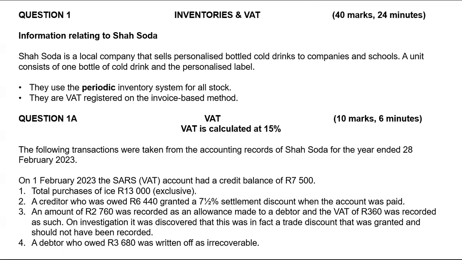Now it says on the 1st of February 2023, the SARS VAT account had a credit balance of 7,500. When we say SARS VAT has a credit balance, it means we are the ones that are owing SARS. And this takes you back to grade 9. Remember, liabilities increase on the credit side.